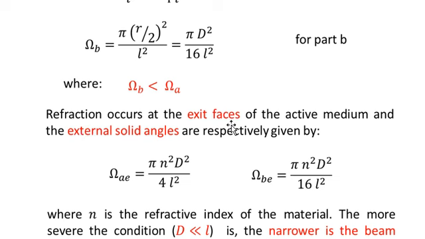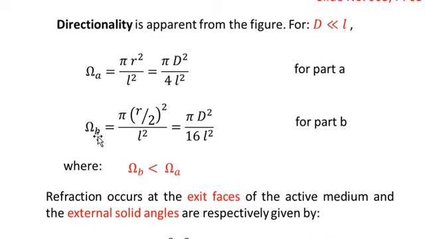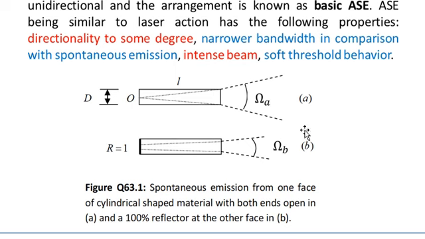Refraction occurs at the exit faces of the active medium, and the external solid angles are respectively given by the following. You can treat sigma A and sigma B as the internal solid angles. Here we have shown sigma A and sigma B outside, because in the figure it is difficult to represent them inside, but treat sigma A and sigma B shown in figure 1 as the internal solid angles.